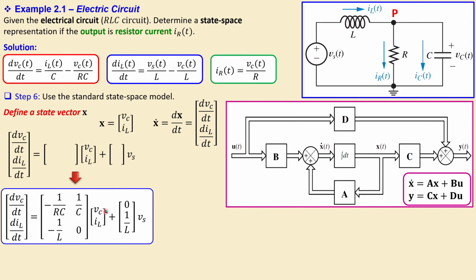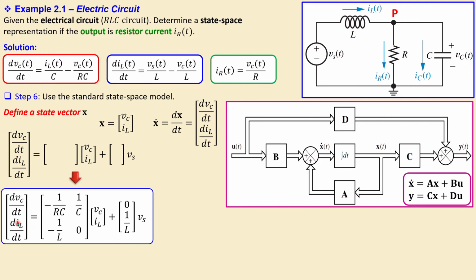So this one must be multiplied by minus 1 over RC. That's shown here. And 1 over C must be multiplied by IL. It's also shown here. So we can now locate what this element must be in our matrix. This is just a 2 by 2 matrix. Of course, we have a second order system. If you have a 3 by 3 matrix, you will have a third order system.